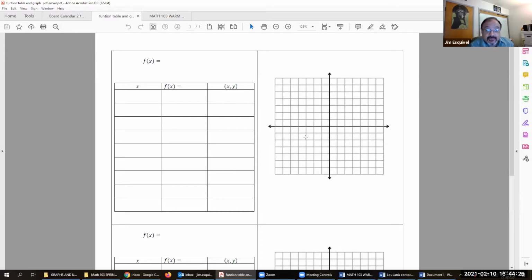Then we start looking for the little telltale pieces of how can I graph this without plugging in numbers? And that's what we're going to be working on. So anytime you graph something brand new for the very first time, we always start with a table. We plot points, and then we see the pattern.